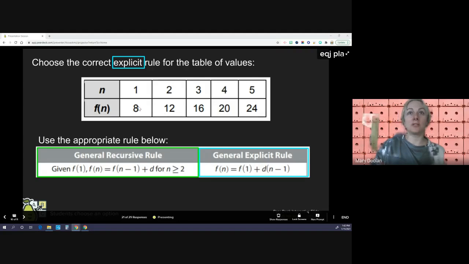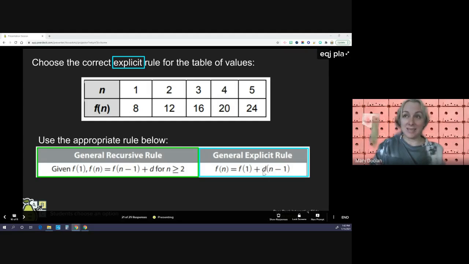And then what is the common difference? What are we adding each time? Yes, 4. So we have to have a 4 right here.